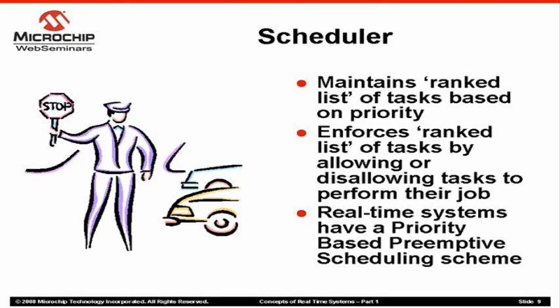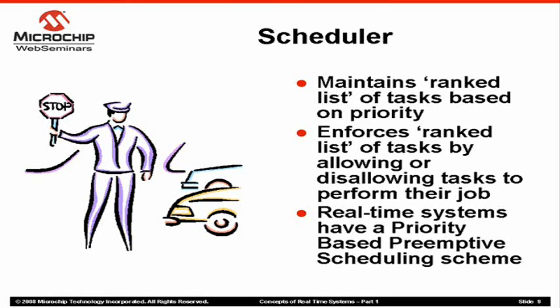Thus, when water needs to be shut off in a dishwasher, the scheduler decides that the lower priority task, the display manager, must give way to the higher priority task, the water manager. Only after the water manager finishes its job that the scheduler allows the display manager to continue its work.